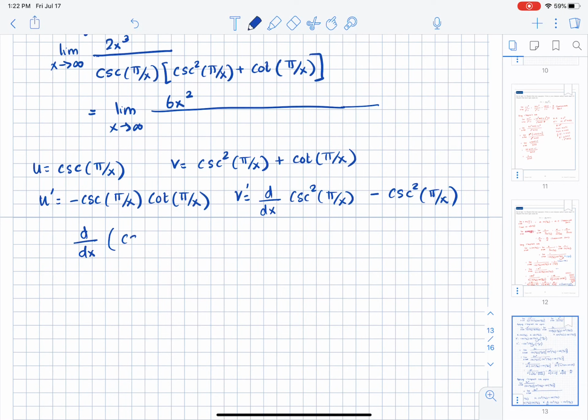Derivative of cosecant squared pi over x, I could write it as cosecant pi over x times cosecant pi over x. Again, u, v, so cosecant pi over x, derivative of cosecant pi over x is negative cosecant pi over x, cotangent pi over x.